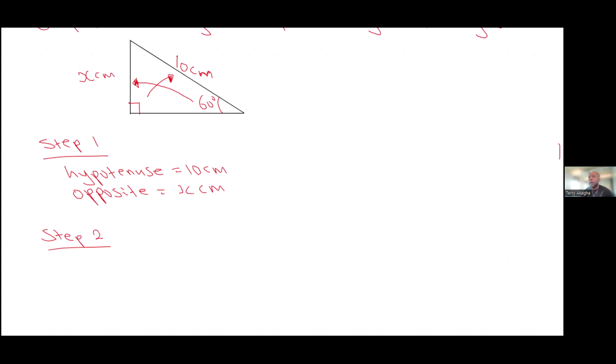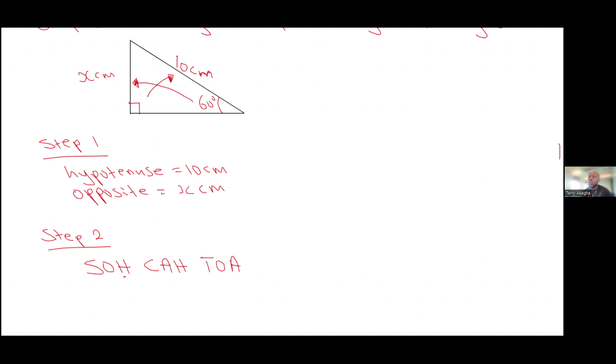So remember, we have SOH CAH TOA. We have hypotenuse and opposite. So we can't use tangent because it's opposite and adjacent. We can't use cosine because it's adjacent and hypotenuse.